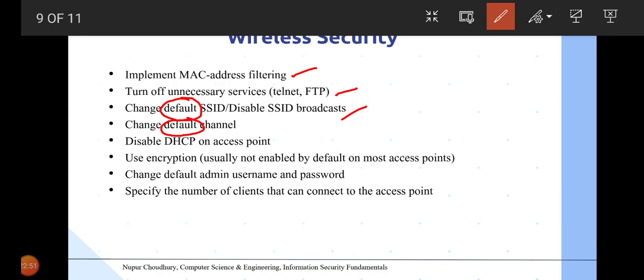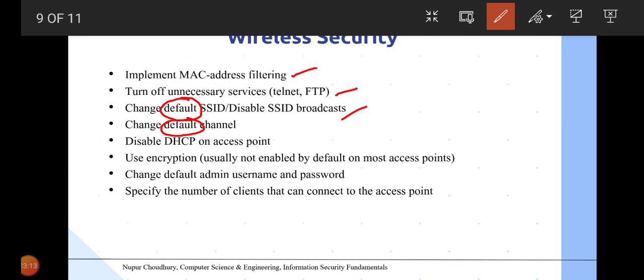All these things will be discussed in detail in your subsequent sessions. However, for you to understand as of now, we have to disable the Dynamic Host Configuration Protocol on access points so that it does not dynamically allow other systems to communicate with your system.